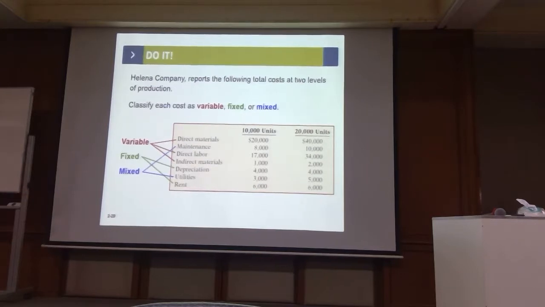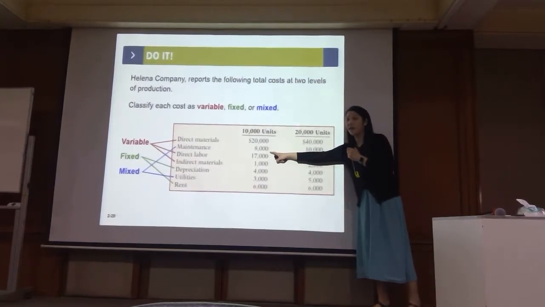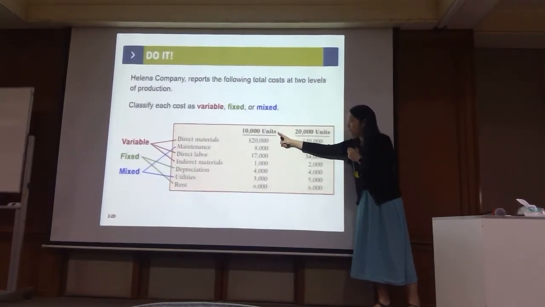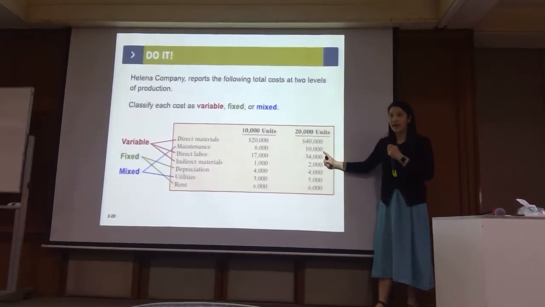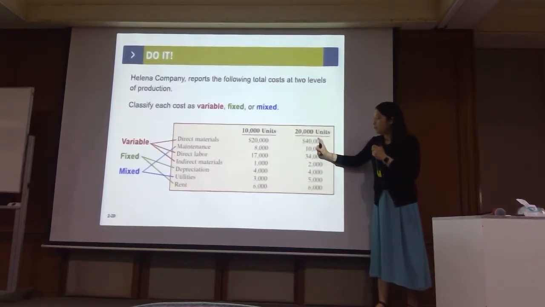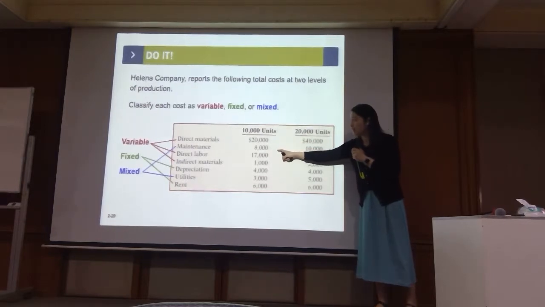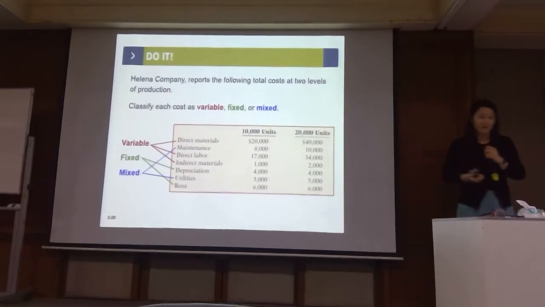they are mixed. Okay, why are they mixed? First, if we look at this one, maintenance, if you produce more, the total maintenance cost tends to be higher. So first, we may think this may be variable, but it's not a variable cost because if you compute the maintenance cost per unit, you will get a different number, right?